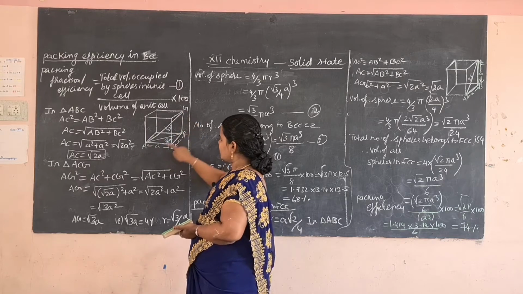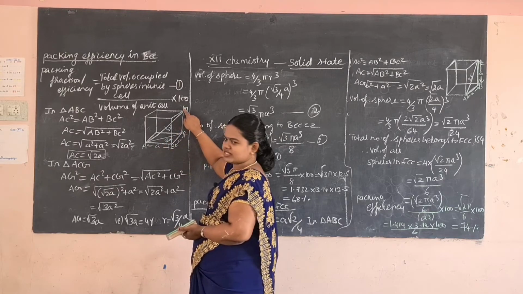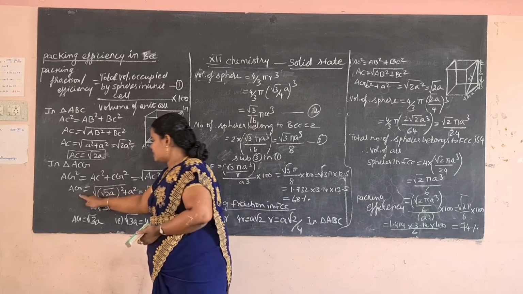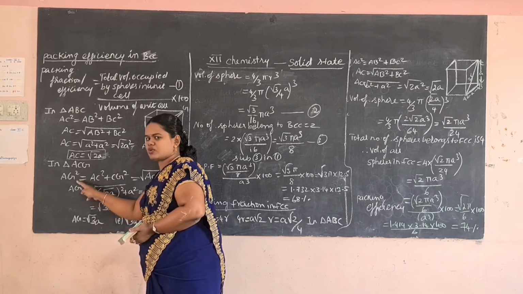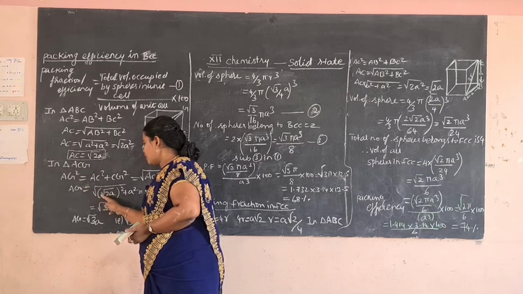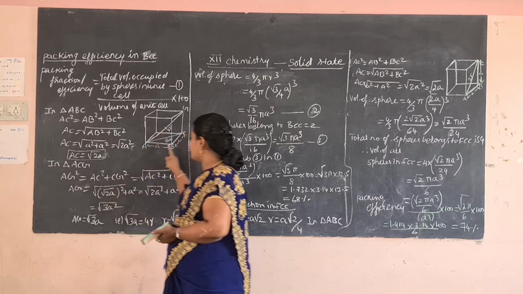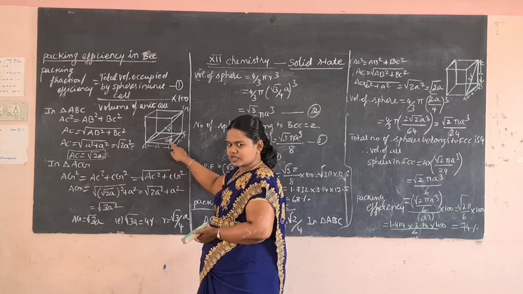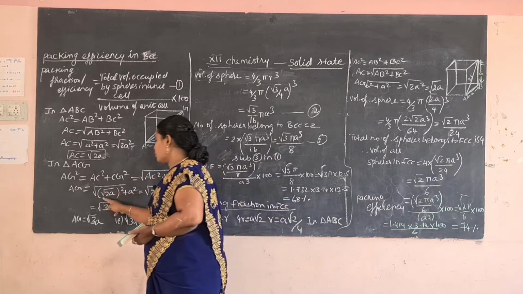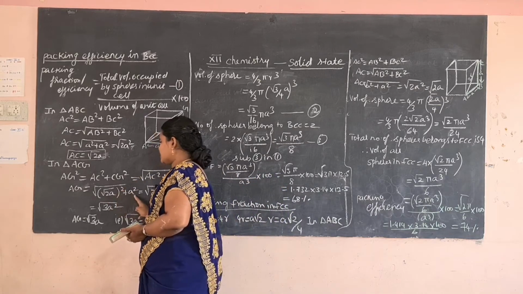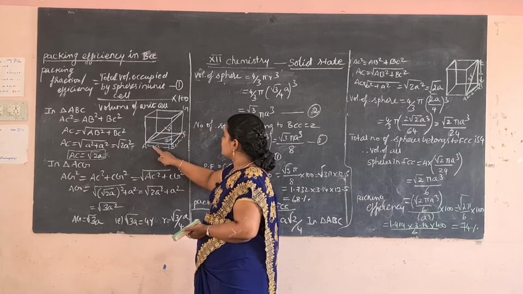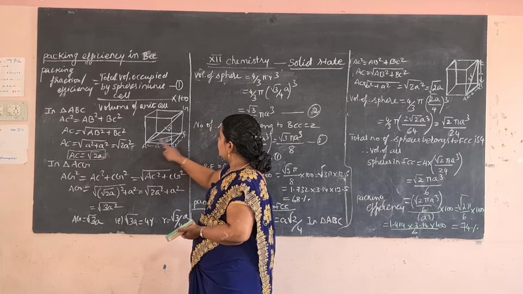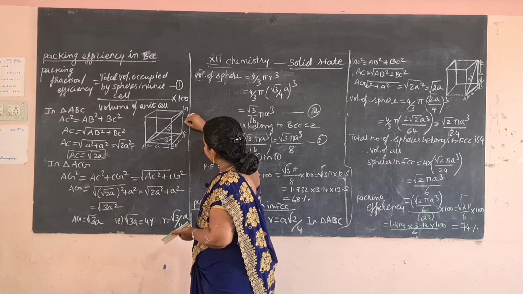So AG is equal to the root of AC squared plus CG squared. AC is equal to root 2 a, so you substitute for AC. CG is equal to a.